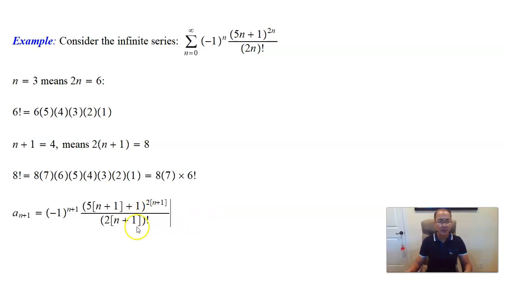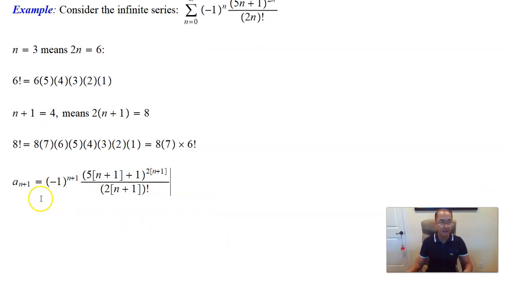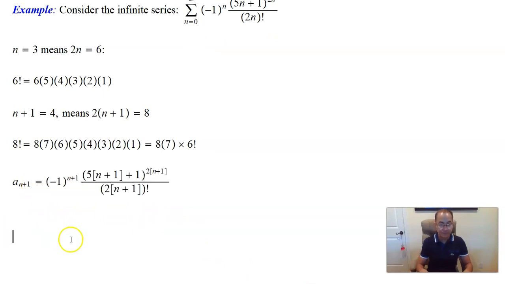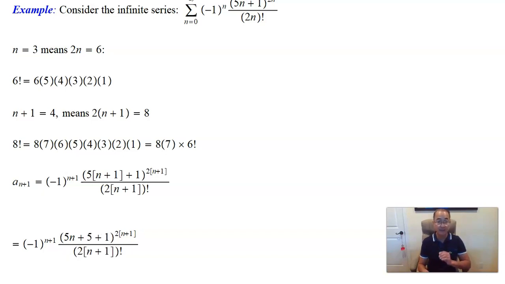Okay, so we need to simplify this. All right, so we are going to distribute. 5 times (n plus 1) is 5n plus 5, plus 1. 2 times (n plus 1) distributes to 2n plus 2. Okay, be very careful.